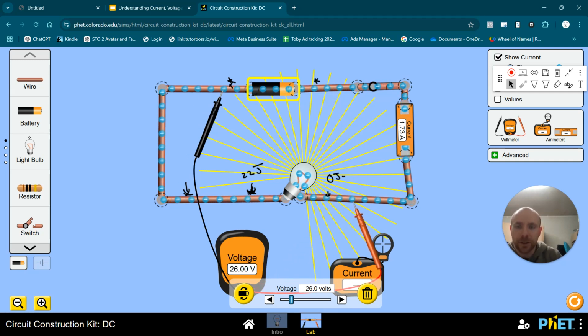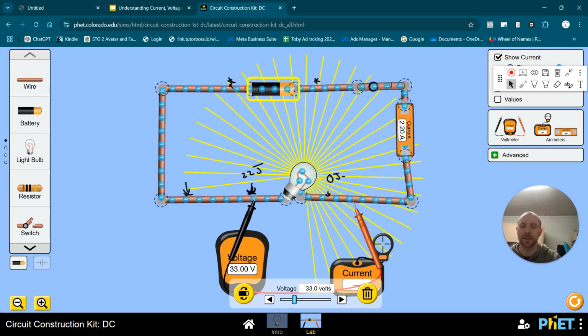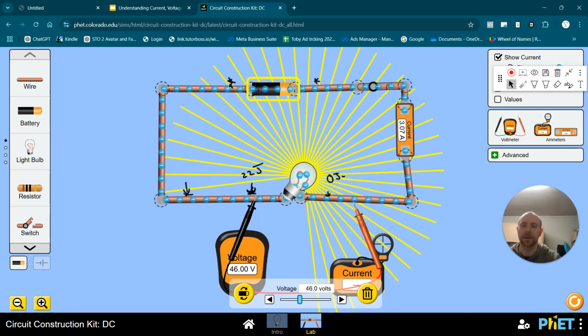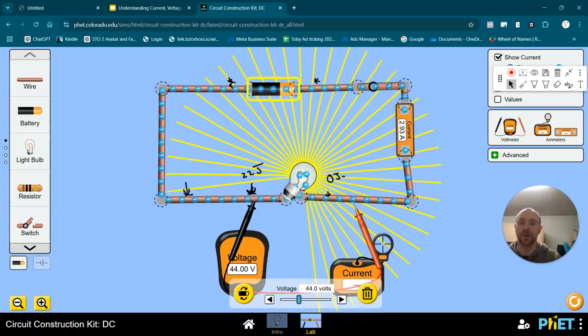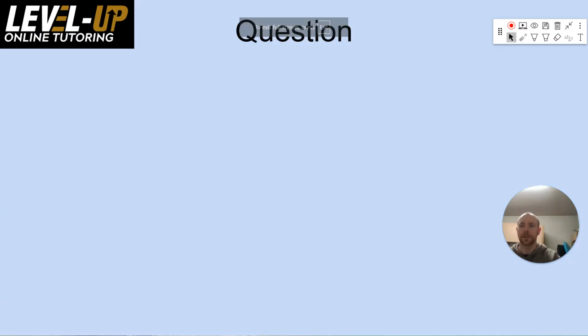So if I'm providing more energy for each of these coulombs, more energy is also available to transfer to the lamp. And so as I increase the voltage, my lamp is going to transfer more energy. Therefore, it's going to be brighter, more light energy. So that is the idea of what voltage actually is.